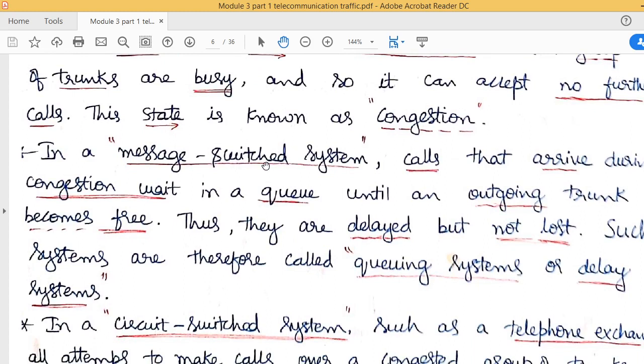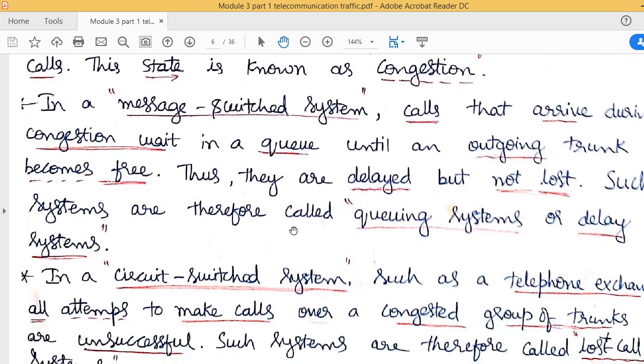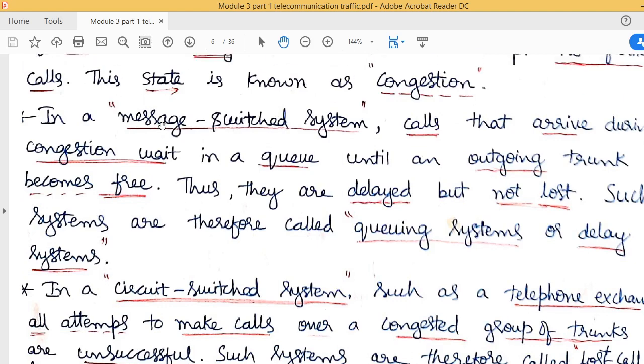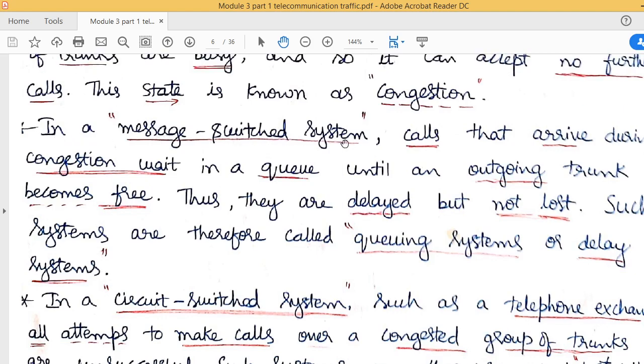When I am dealing with switching systems, there are 3 different types: message switching system, circuit switching system, and packet switching system. We will deal with those systems in coming classes. With respect to message switching systems, calls that arrive during congestion are made to wait in a queue until an outgoing trunk becomes free.